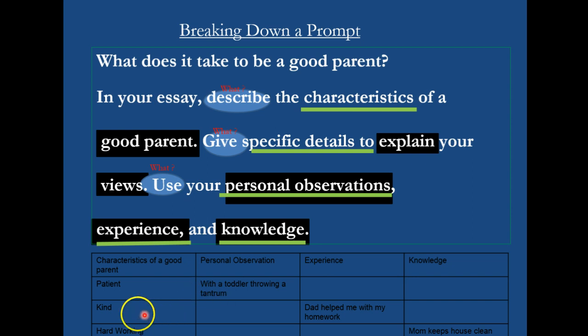I gave a specific detail for kind when Dad helps me with my homework. And I also gave a specific detail for hardworking when Mom keeps the house clean. I was supposed to use personal observations, experience, and knowledge. Did I do that? Yes, I used 3 examples, 1 in each category. Now I am ready to write my first draft.